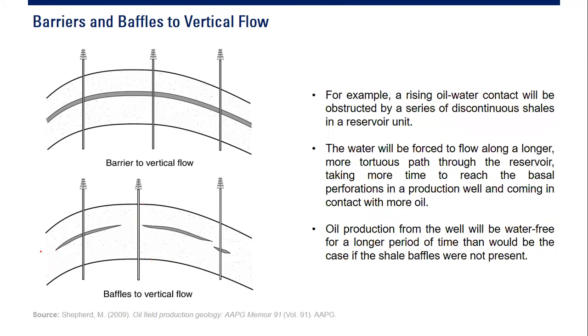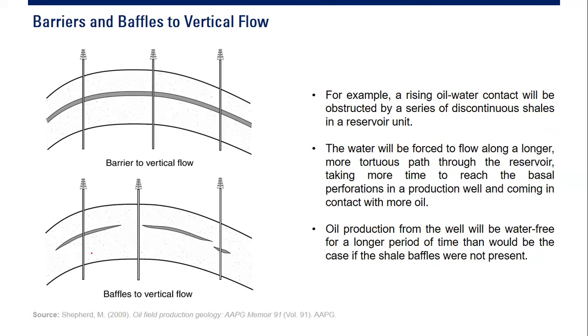For example, a rising oil-water contact will be obstructed by a series of discontinuous shells in a reservoir unit. So if you have a rising oil-water contact, it will rise. At the end of the day, it will reach your perforation. But if it meets or is obstructed by a series of discontinuous shells, then it will take longer for the water to finally reach the perforation.